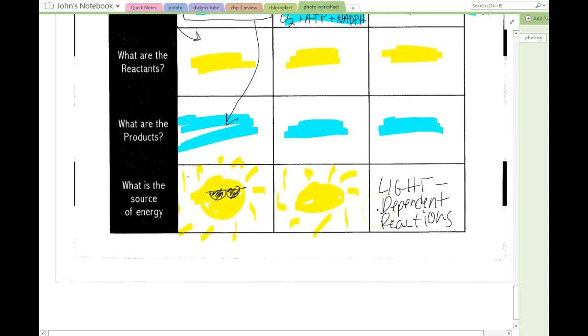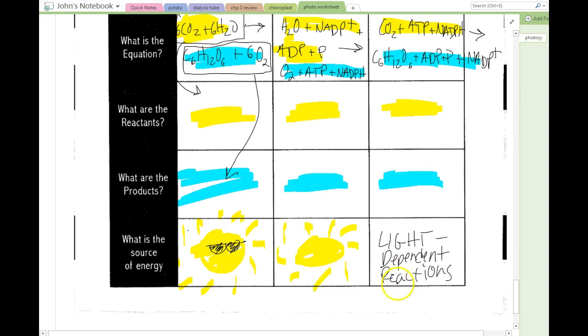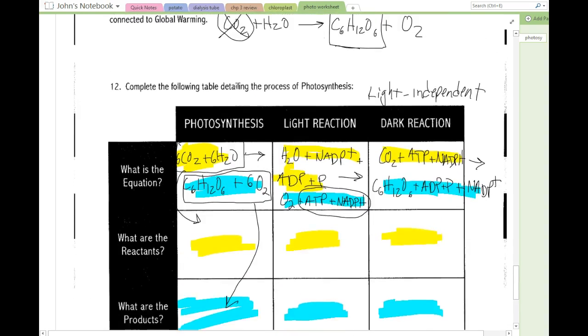Specifically, the energy comes from what molecules? ATP and NADPH. The energy for making sugar comes from the molecules that were just produced in the light reactions. Got it? Oops, sorry.